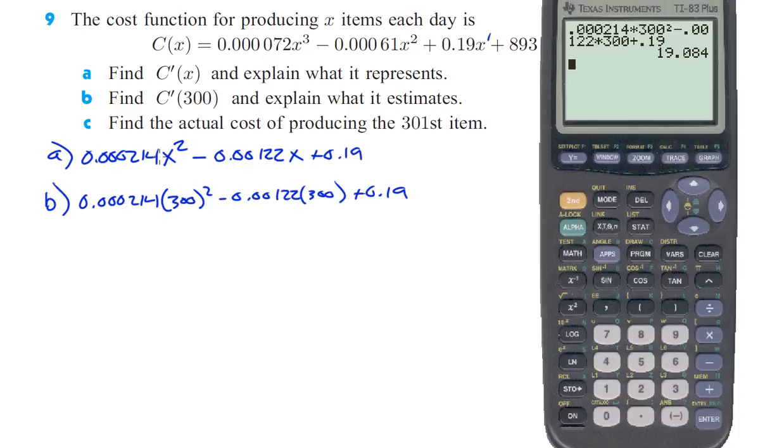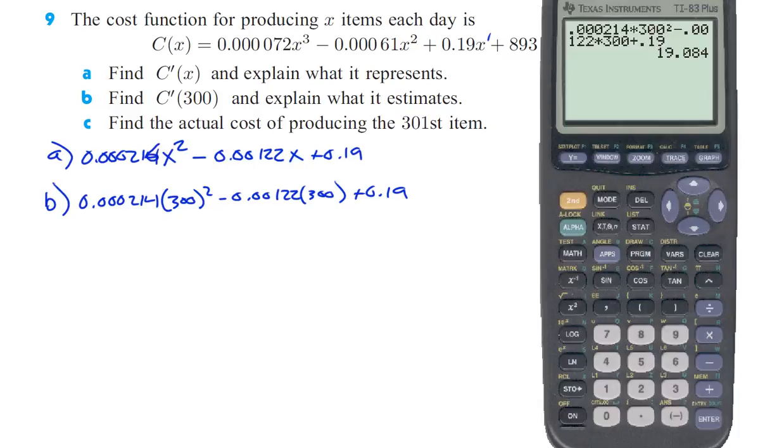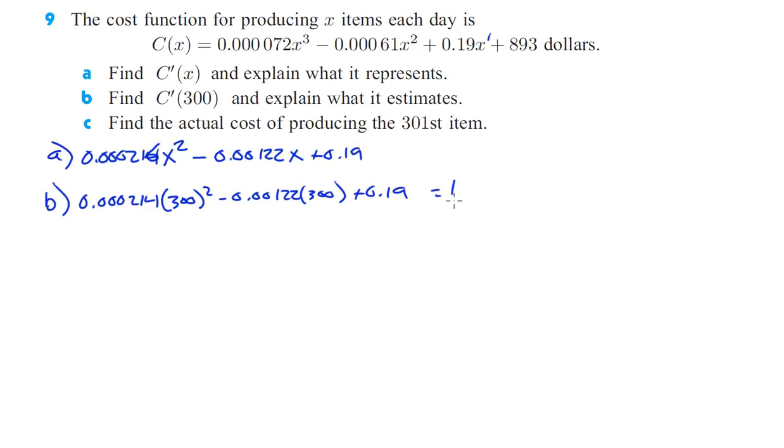Oops, just realized that this over here is supposed to be 0.216x squared. Right, so if we change that, now again, I don't want to have to enter that whole thing back in, so I'm going to do second entry, and now I can just go back in and change my 4 to a 6, and it's actually supposed to be 19.264. Okay, so equals 19.264.